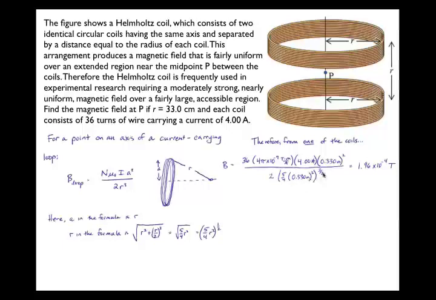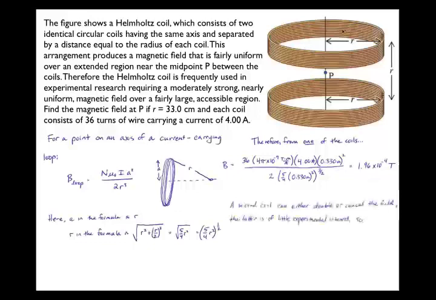If you crunch all those numbers correctly on your calculator, you work out 1.96 times 10 to the minus 4 Teslas, or 0.196 milliteslas, which is not an incredibly strong magnetic field created by this arrangement.